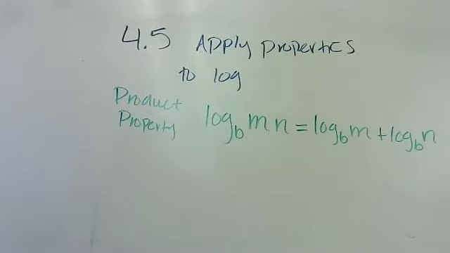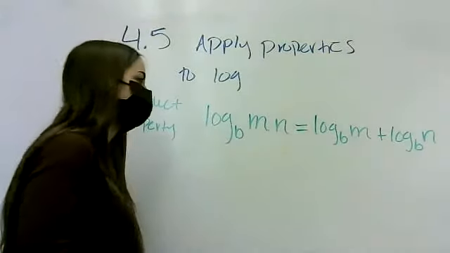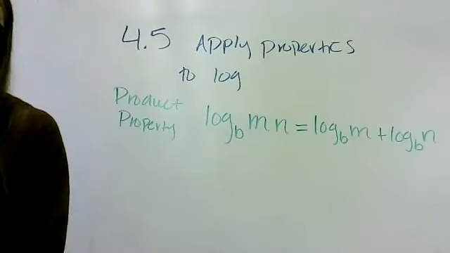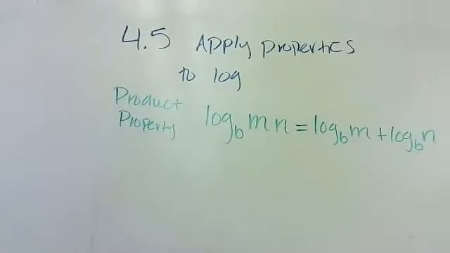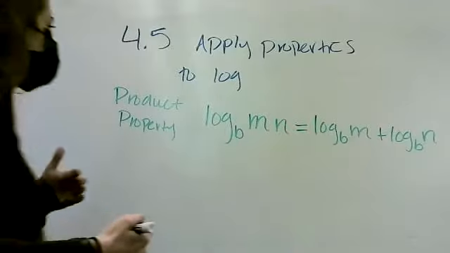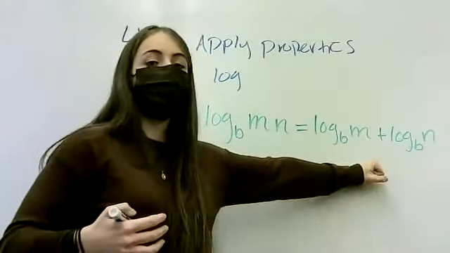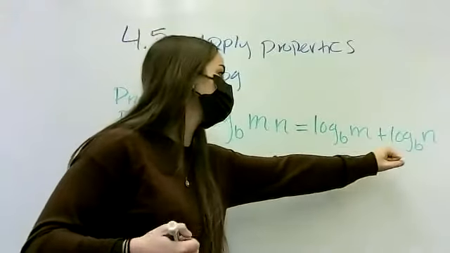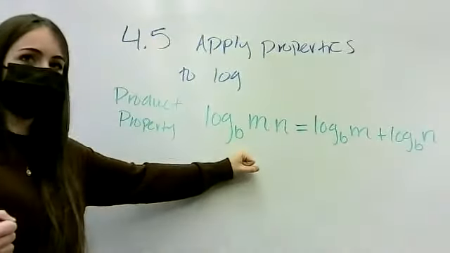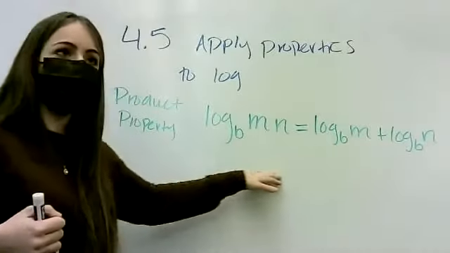Okay, log base b of my first term plus log base b of my second term. And I want to remind you, these go both ways. So I'm first going from multiplication to addition, but I could go the opposite way, and I could take addition to multiplication. So this is commutative, it's going both ways here.